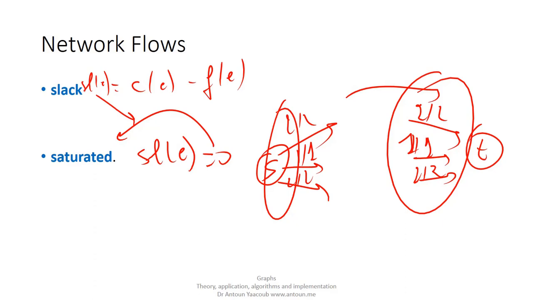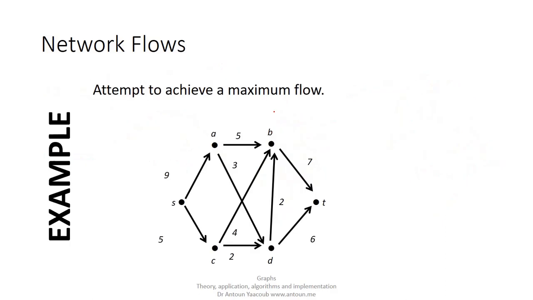We will see that neither of those situations is necessary, as we will see in this example. I will not give you the algorithm from the beginning. We'll try to find a way to calculate the maximum flow, or rather an attempt, because we will see that we will fail to achieve a maximum flow. At first, we start by assigning 0 flow to each arc.